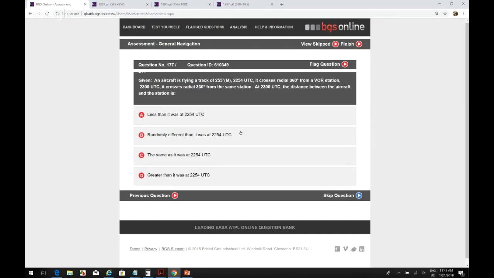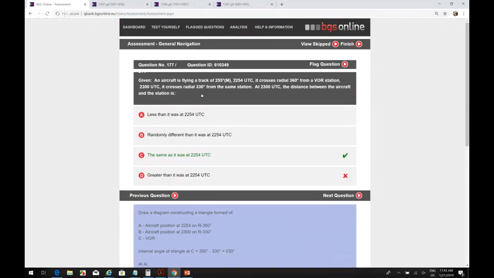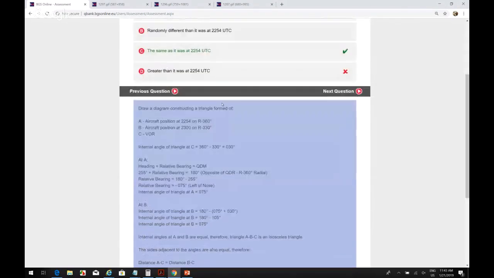So 30 degrees in 6 minutes. The distance between the aircraft and the station is. It's going to be further, isn't it? I don't know. Not necessarily. Distance is great. I'm going to say D. Oh, the distance is the same as it was at 2254.